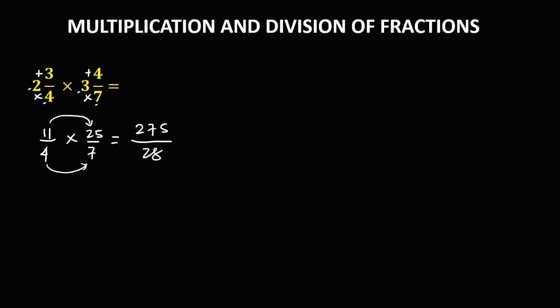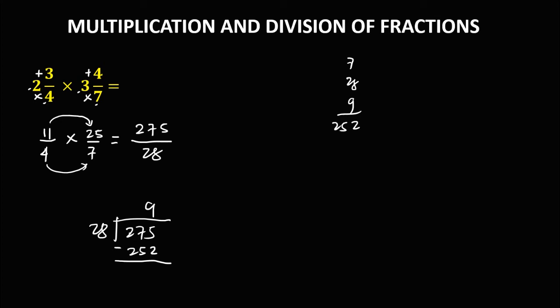Since this one is an improper fraction, we need to change this one to mixed number. So we have 275 divided by 28. So this 275 divided by 28, we have 9. Then 9 times 28. So this one is 72, carry 7. 18 plus 7, that's 252.